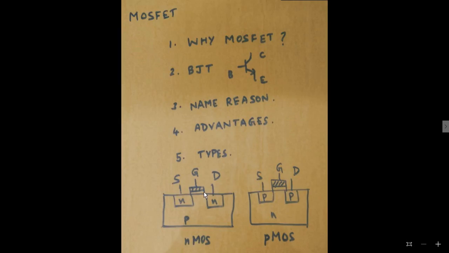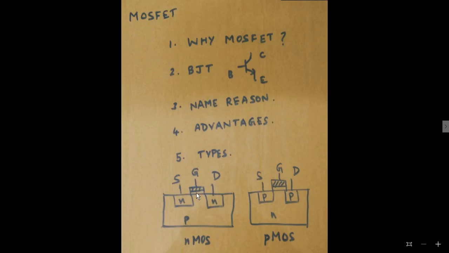Then oxide semiconductor: this insulator is made of silicon dioxide. So this oxide is because of the silicon dioxide layer between the gate terminal and the P substrate. Field effect transistor: this MOSFET works on an electric field.